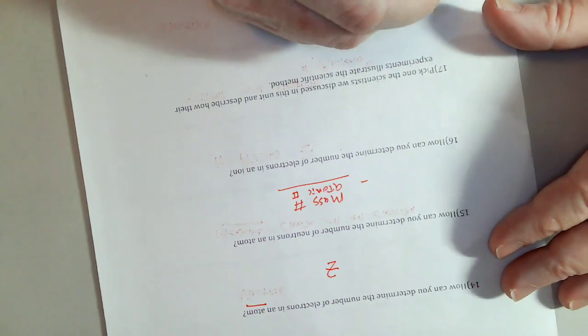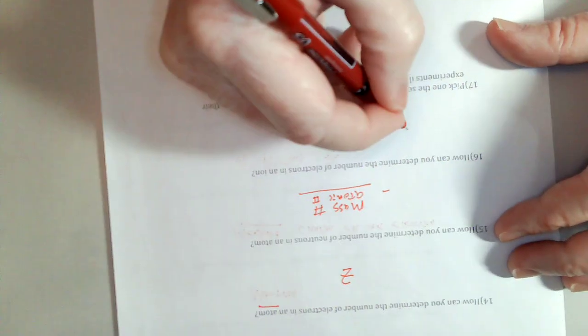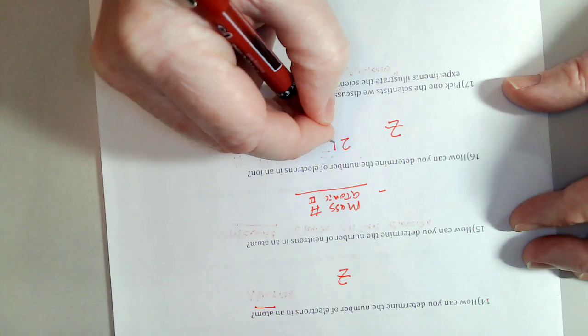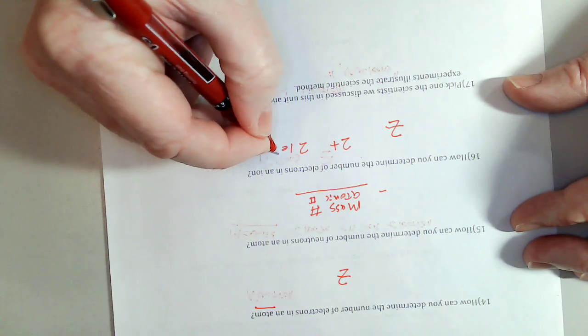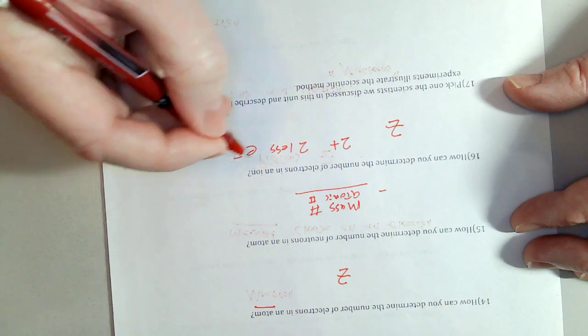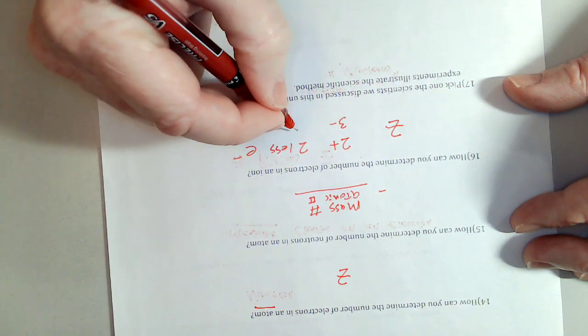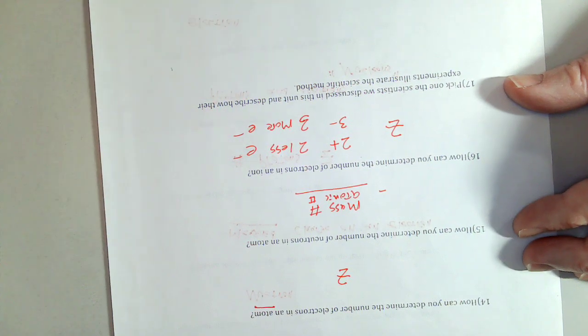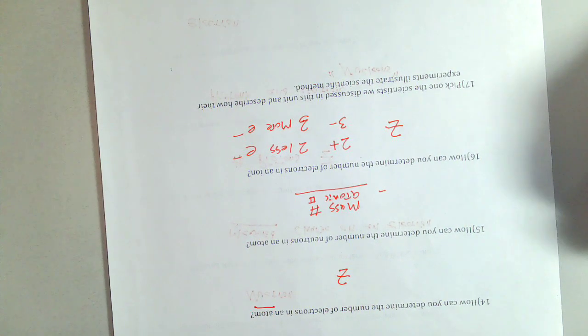Okay? Now, for an ion, you determine the electrons by taking Z, the atomic number, and then looking at the charge. So if you have one that's a 2 plus, that's 2 fewer electrons. Or if you have something that's a 3 minus, it has 3 more electrons.